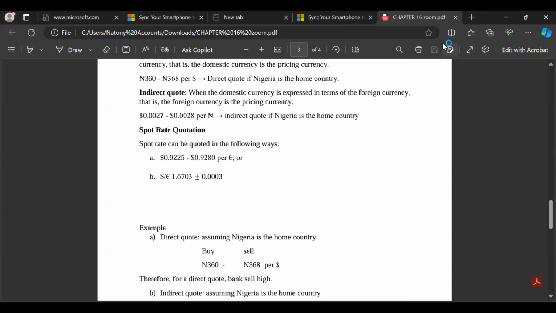For B, this can be adjusted as follows: 1.6703 plus or minus. So the minus will come first.